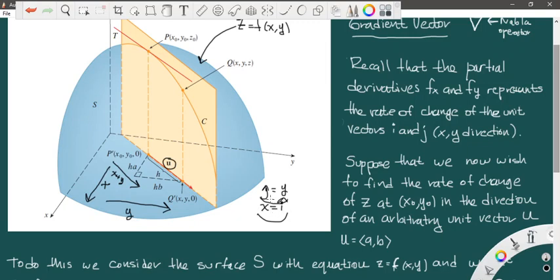So suppose that we need to find the rate of change of z at any point x sub 0, y sub 0 in the direction of an arbitrary unit vector named u, in this case, this one.